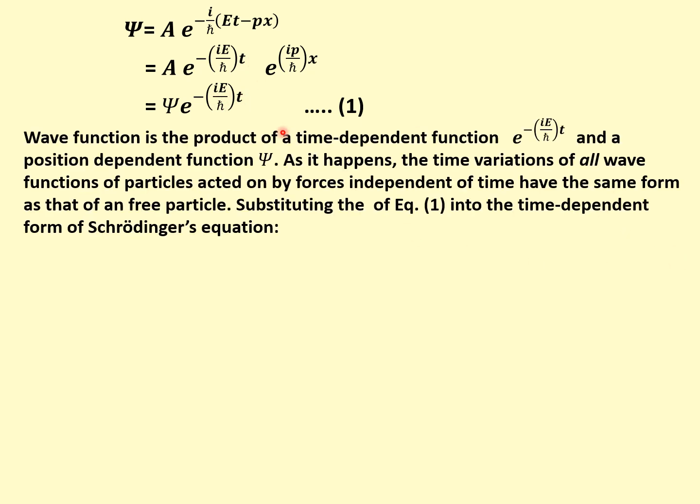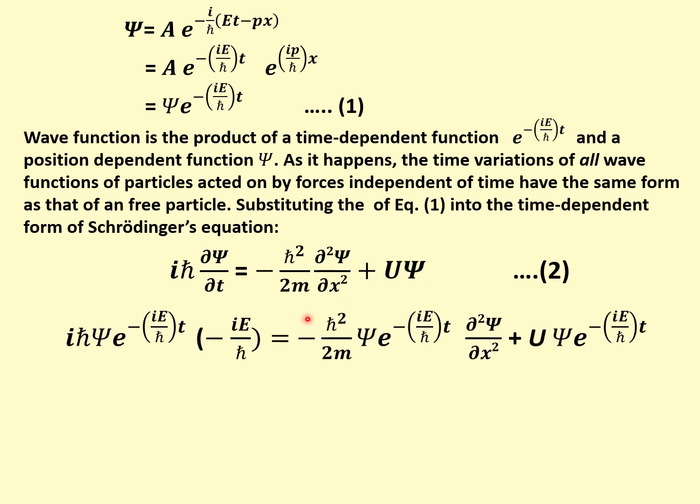If we put this value in the time dependent equation, i h bar delta psi by delta t equal to minus h bar square by 2m delta 2 psi by delta x square plus U psi, and differentiate with respect to time, we will get i h bar psi e raised to power minus i E by h bar t, into the differentiation of this with respect to t, which gives minus i E by h bar.